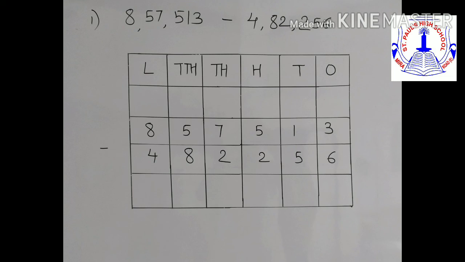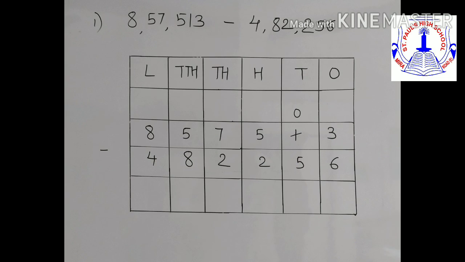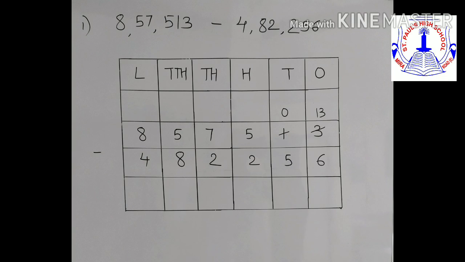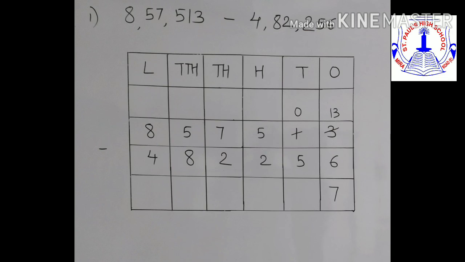Yes, we are going to borrow one number from its neighbor, that is, from tens place. So when we borrow from tens place, 1 will reduce to 0 and in the ones place, 3 will become 13. So 13 minus 6, which is equal to 7.